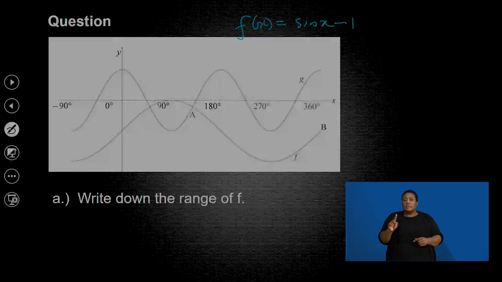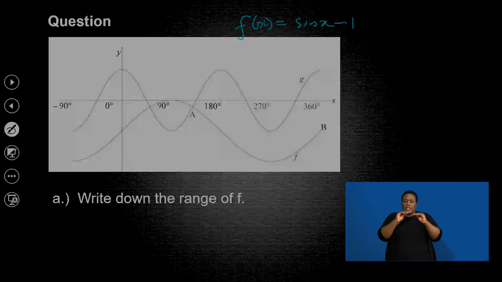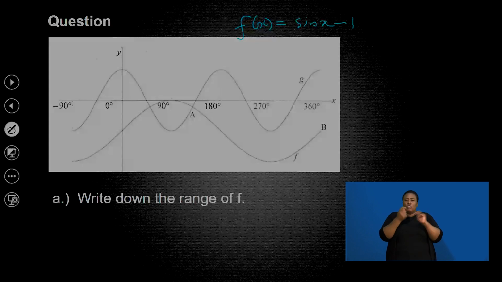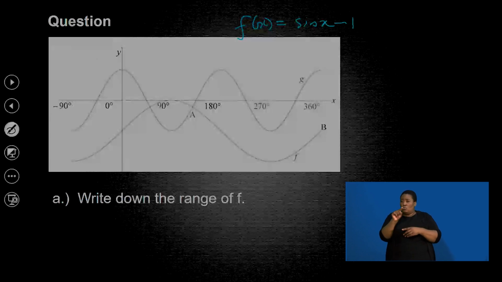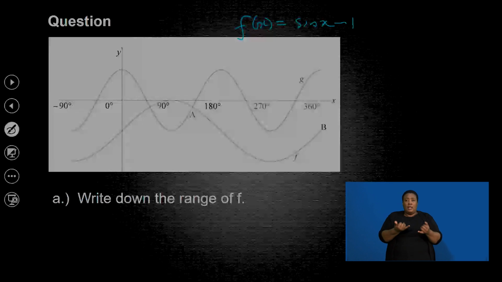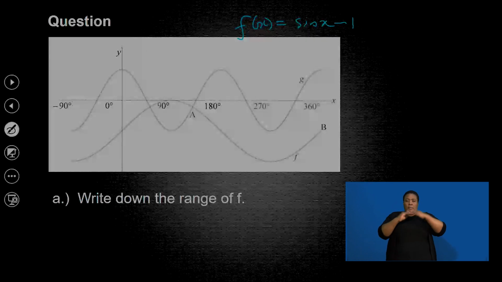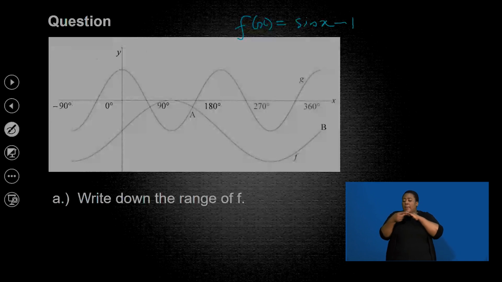This means that the graph of f, which was the original graph, sine of x, was shifted 1 unit down. What does that mean? It means the range of the graph changes, because now it is no longer going to be between minus 1 and 1. But the maximum moves from 1 to 0, and the minimum moves from minus 1 to minus 2.